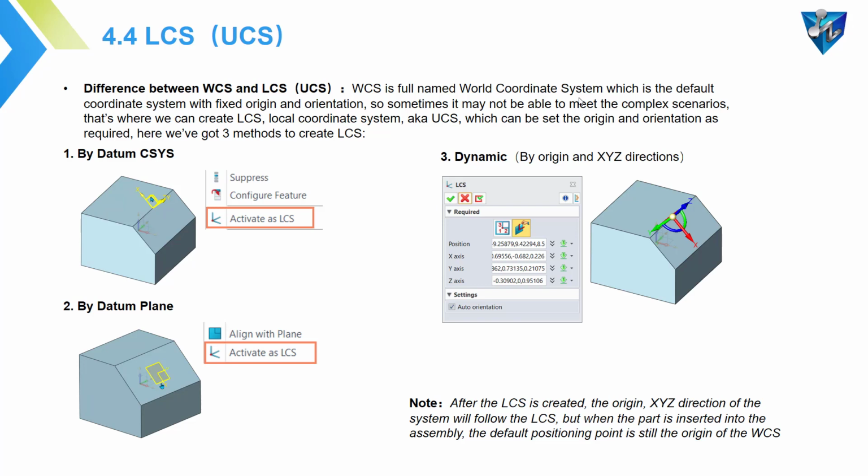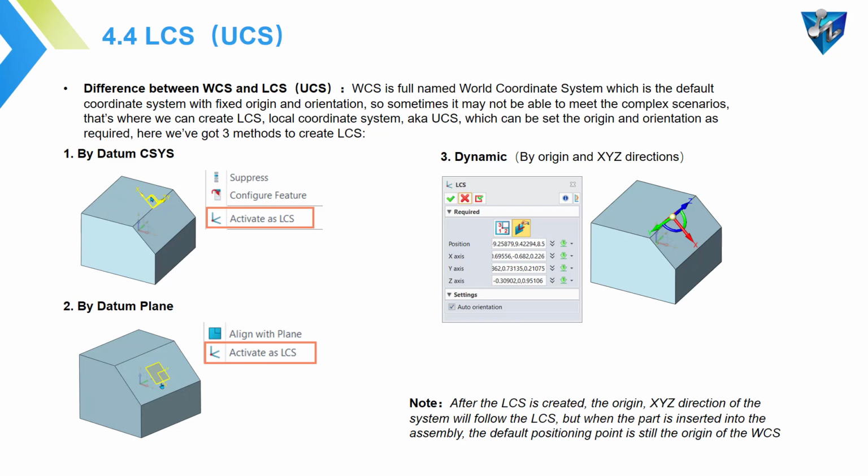Okay, and we have 3 methods to create LCS. The first one is by datum coordinate system, the second is by datum plane, and the last one is a dynamic way to create LCS. You can make it by origin and XYZ directions.